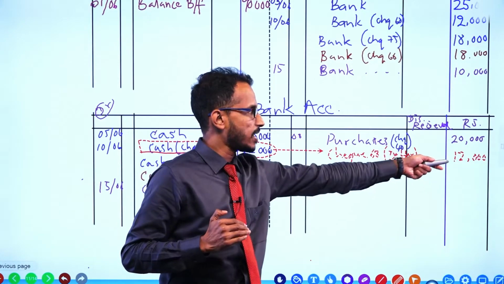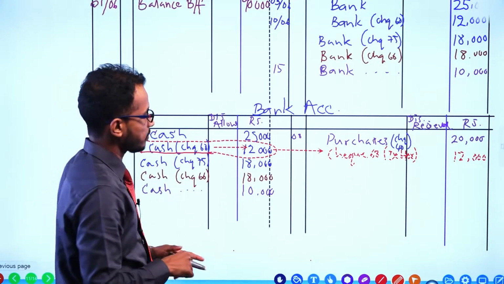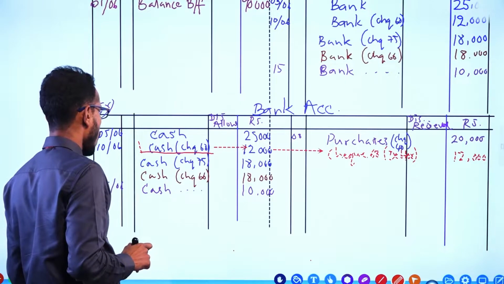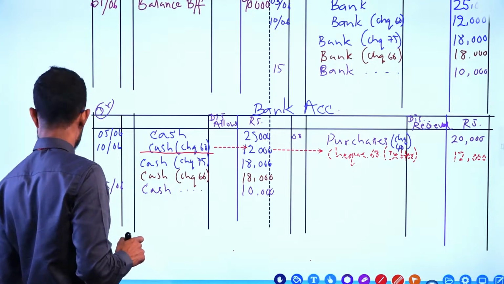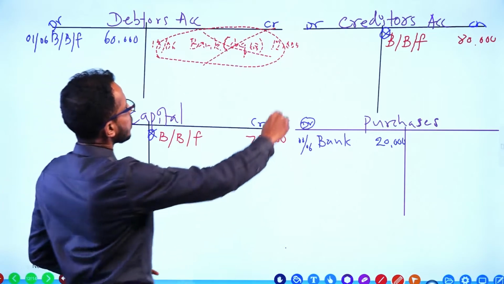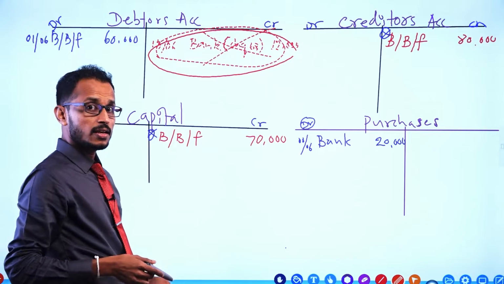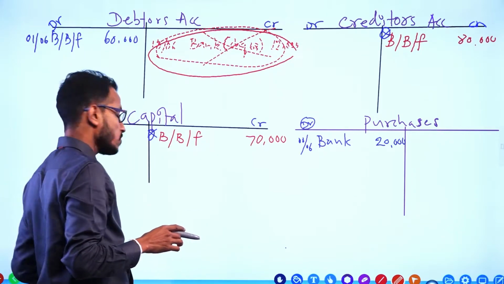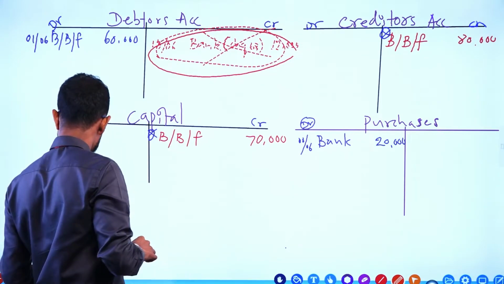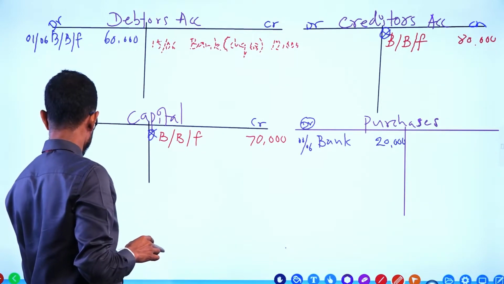So credit the bank and debit the debtor, not credit the debtor. This is a mistake that I have always seen very common among the students. Take this point to remember.